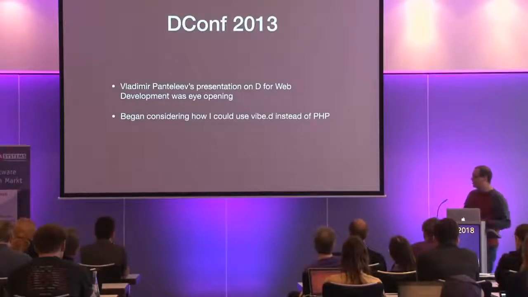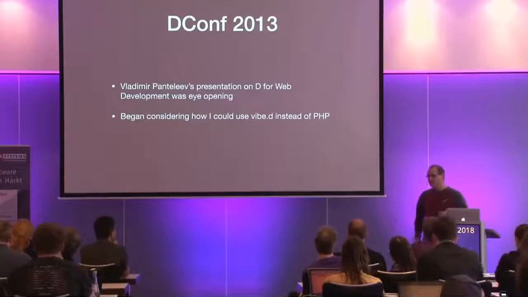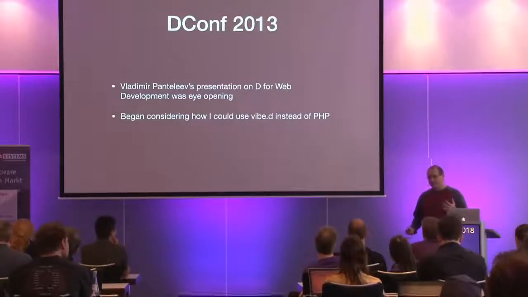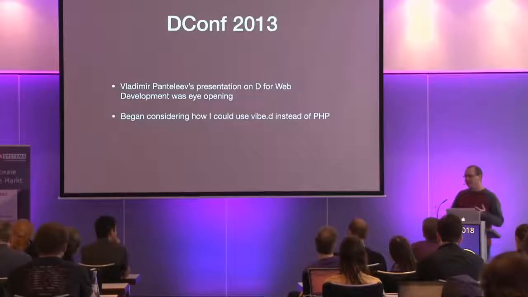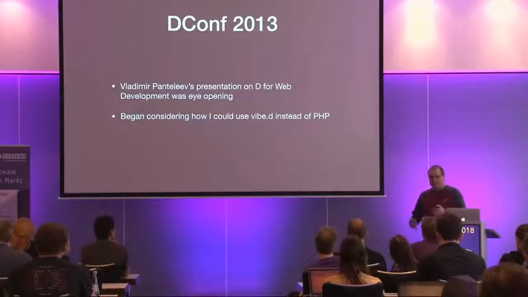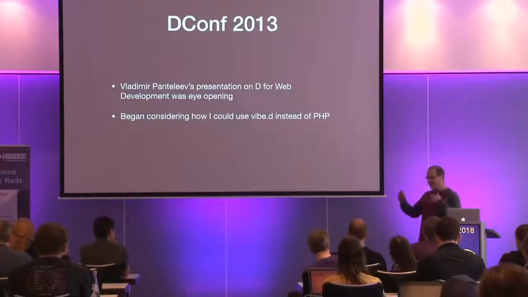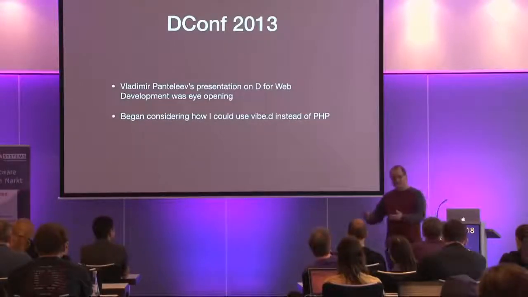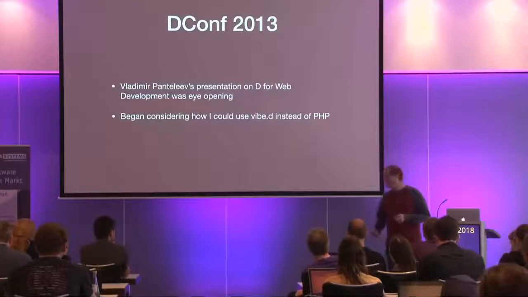So I began considering it. How am I going to use vibe.d? How could I port my application over? My first thought was, there's no way, because I have 150 files between templates and classes and everything. There's no way I'm going to be able to do all this. And at the end of it, really what I'm going to have is a slightly better, more maintainable system. But is it really worth it for the company, for me to spend the time to do that?